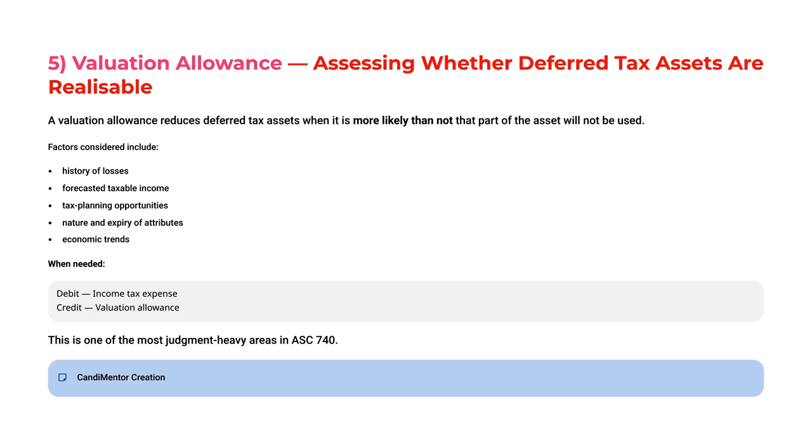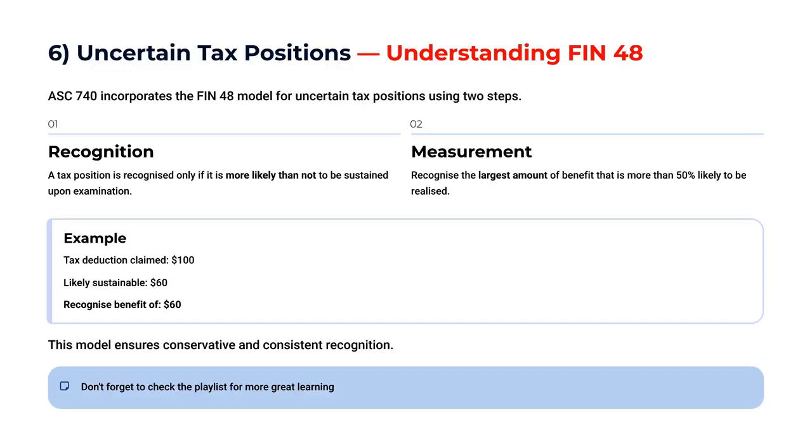Uncertain tax positions. Understanding FIN 48. ASC 740 incorporates the FIN 48 model for uncertain tax positions using two steps. Step 1, Recognition. A tax position is recognized only if it is more likely than not to be sustained upon examination.